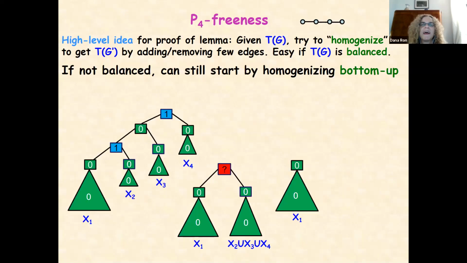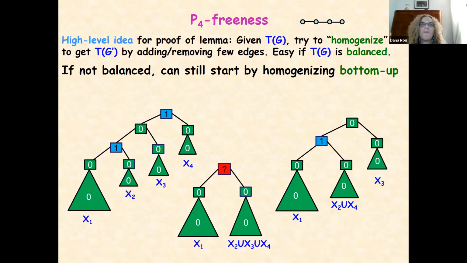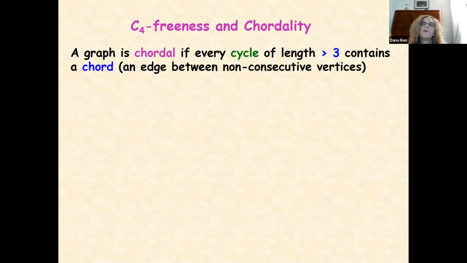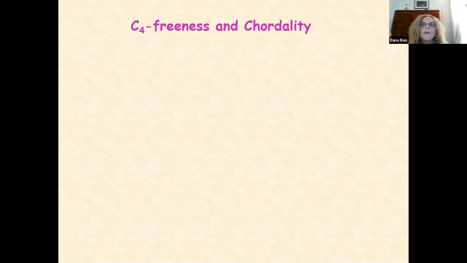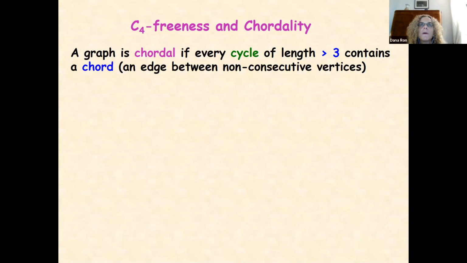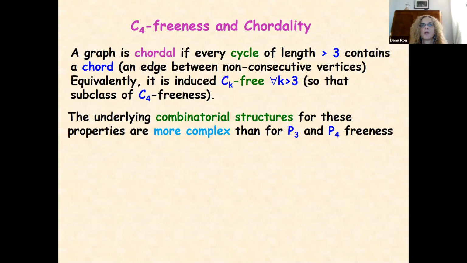And just because I like my slides, I'm going quickly, and if anybody wants them, I can send them. And the last thing I'll say here is for C4 freeness and chordality, let me quickly go through this.